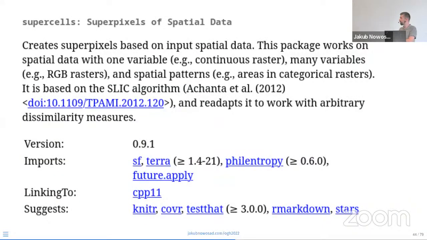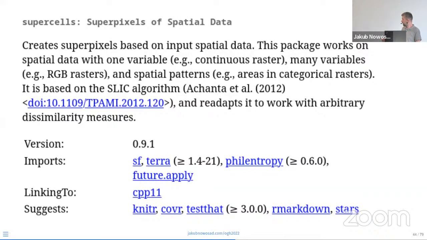But I'm not going to talk about the package. I just want to give you some ideas. And the idea is that in this package, as you can see, I'm using SF. I'm using the Terra package, so the packages you've seen before. But I also use a package called Philanthropy for some calculations. And I use a package called Future Apply if some users want to parallelize their calculation. I also use CPP11 for the C++ code I wrote for this package.